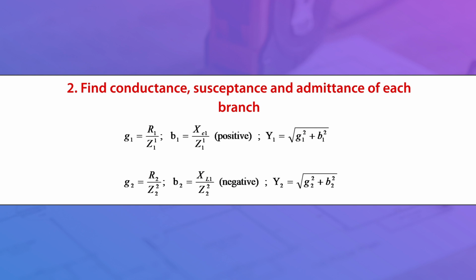Similarly, the conductance of branch 2, G2, can be written as R2 upon Z2 square, and the susceptance of branch 2 can be calculated as B2 is equal to XL2 upon Z2 square, which is negative. So the admittance of branch 2 can be written as under root G2 square plus B2 square, where G2 is the conductance of branch 2 and B2 is the susceptance of branch 2.